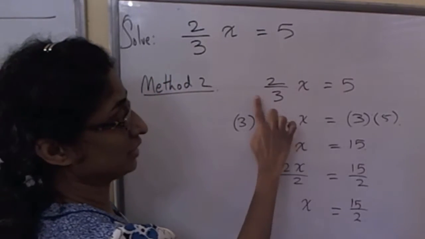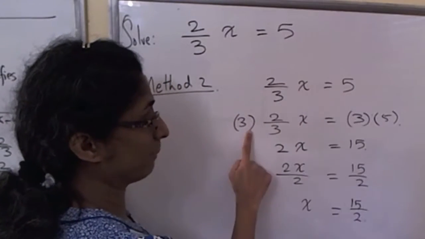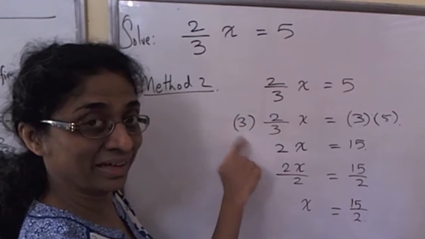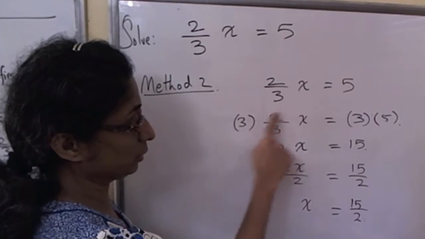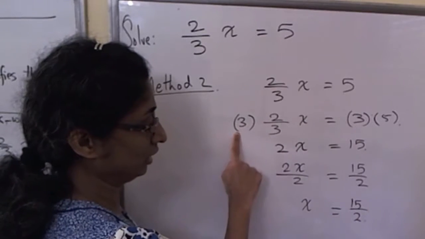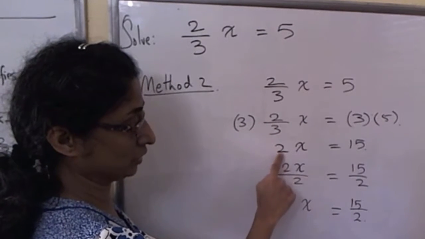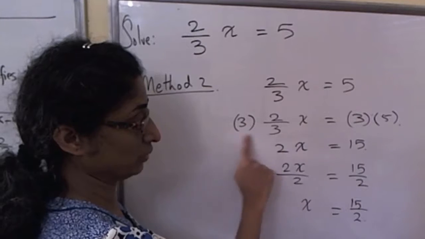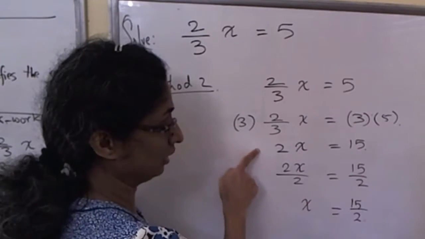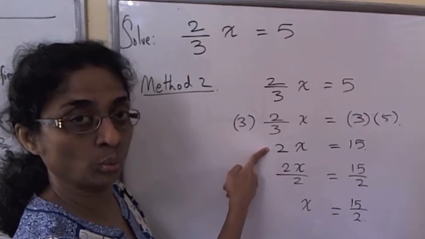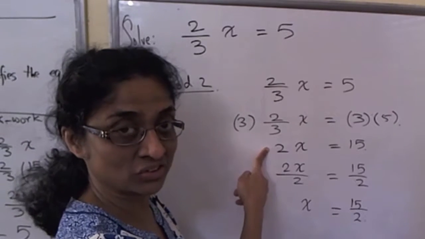So if I multiply both sides by 3, I can clear the fraction. 3 times 2/3 is simply 2. So this whole expression is 2x, and on this side I have 15. This is an equation without any fractions in it.